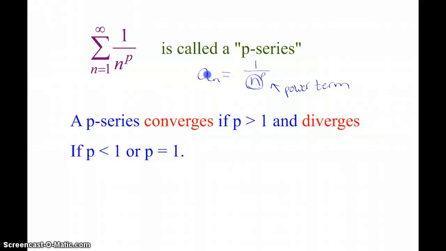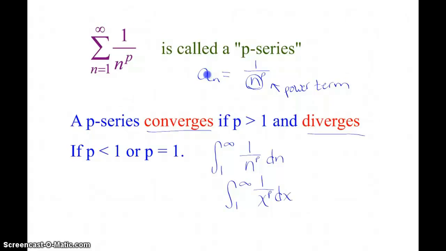And it turns out that p-series are so valuable to us because we can determine convergence or divergence based solely on the value of p. And if you'll remember our improper integral work, when we had something that looked like this, 1 over x to the p with respect to x, we said this was the power rule for integrals.